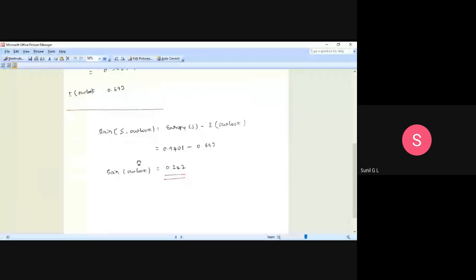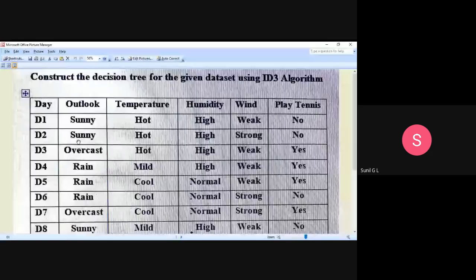Like that we need to calculate the gain of other variables. Here we have calculated the gain of Outlook. Like that we need to calculate the gain of temperature, gain of humidity, and gain of wind.